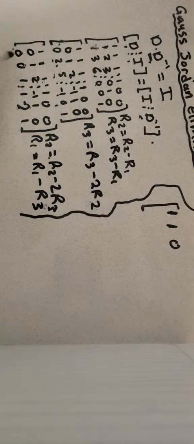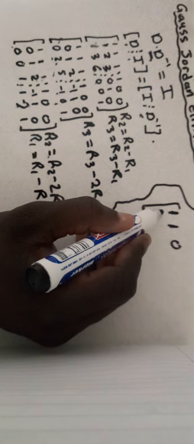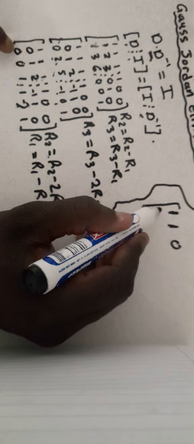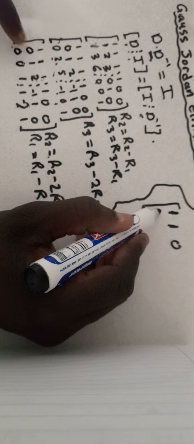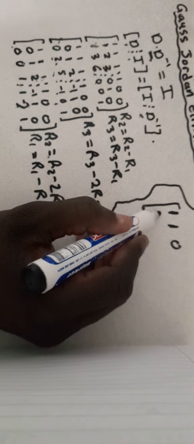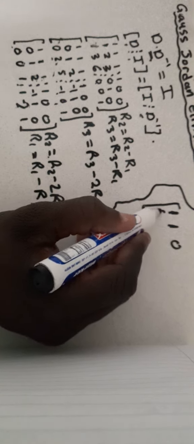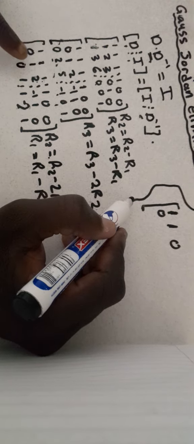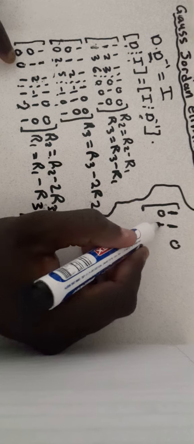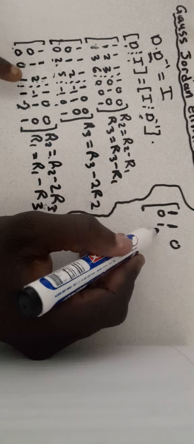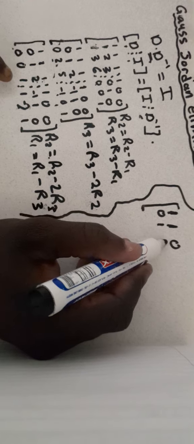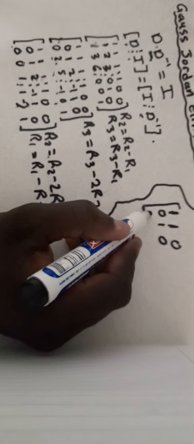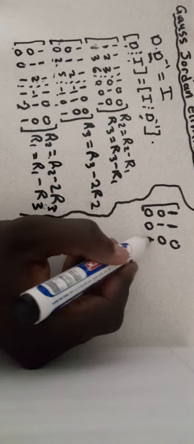So this one will be 0 minus 0, 0 minus 2 into 0. This is 0. This one will be 1. 1 minus 2 into 0, which is 1. 2 minus 2 into 2, which is 0. Then we have 0 0 1.